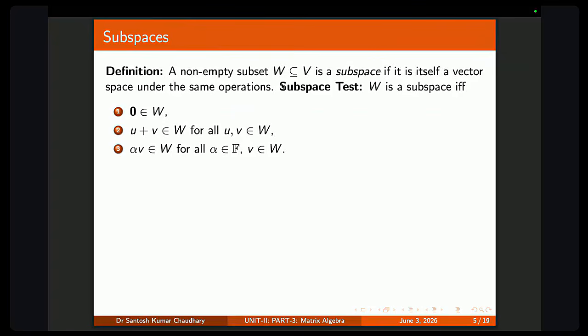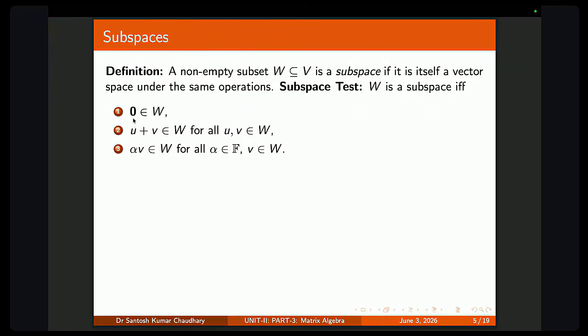And then there is a theorem. So this is the subspace test. Subspace test means, if you have a subset W of V and you want to check whether W is a subspace or not, you have to check these three conditions. The 0 element must be in W, and that 0 element will be common in V and W actually.